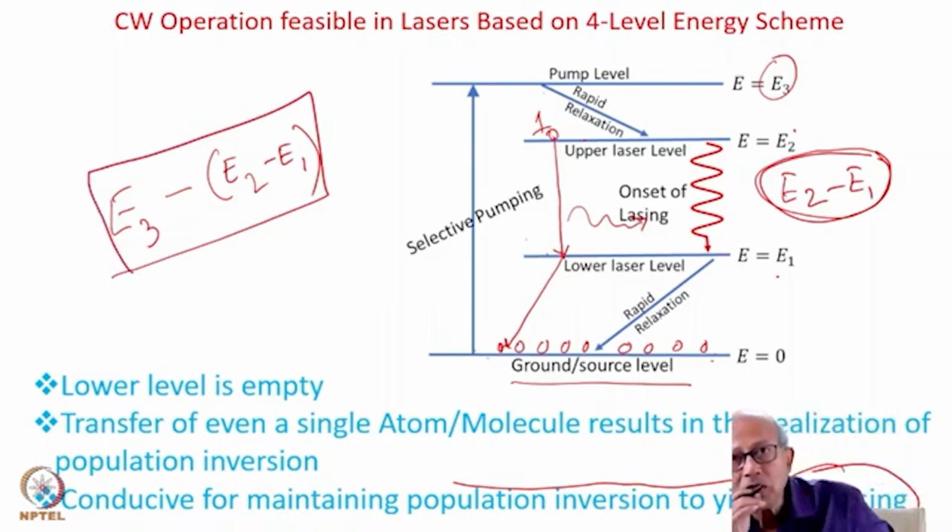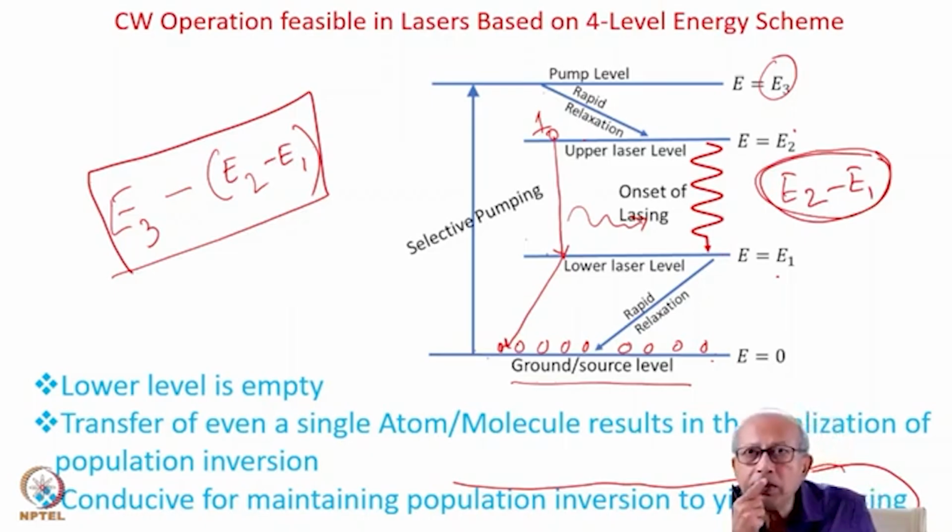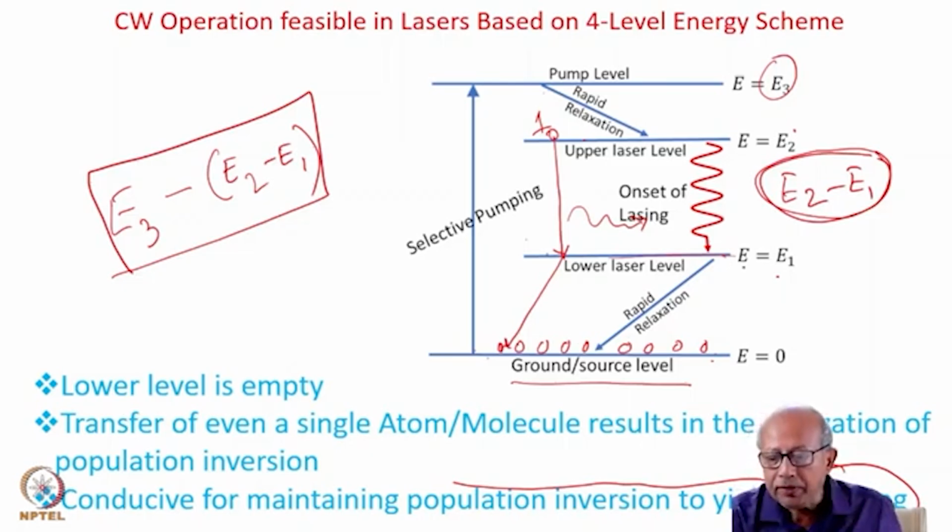So what happens to this energy? This energy would eventually be released as heat. That means it would increase the temperature of the medium. So what happens if the temperature increases? If the temperature increases, then this level starts getting heated, because thermal population will now begin to appear in this level.